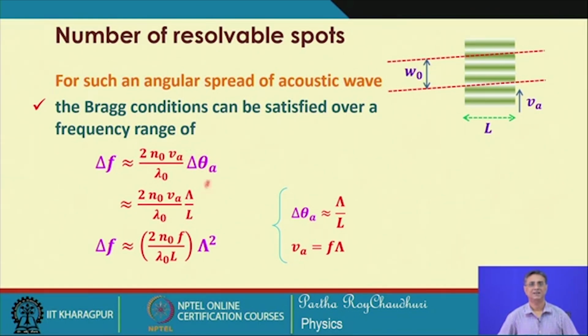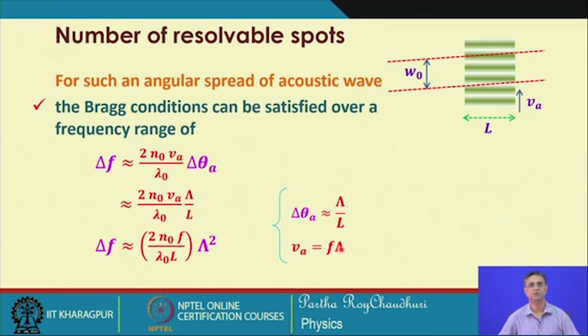Now, if we replace delta theta a by capital lambda by capital L, then it turns out that delta f is proportional to lambda square, the square of the wavelength of the acoustic wave. We will see an example of how a practical deflector can be designed using realistic numbers.